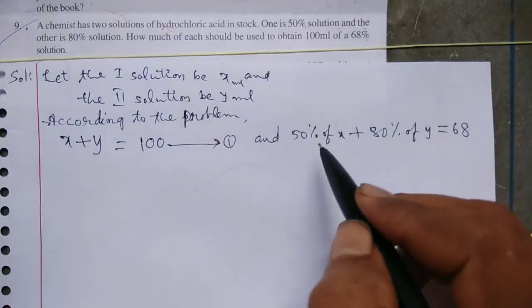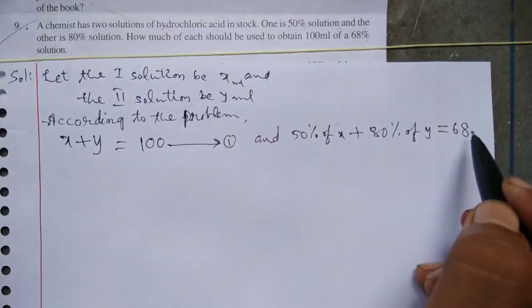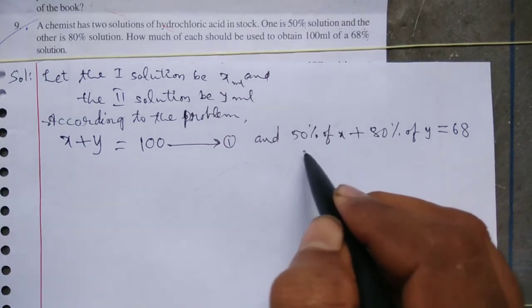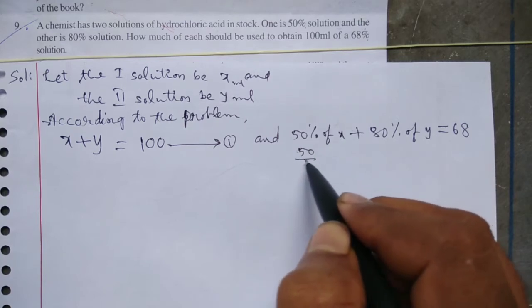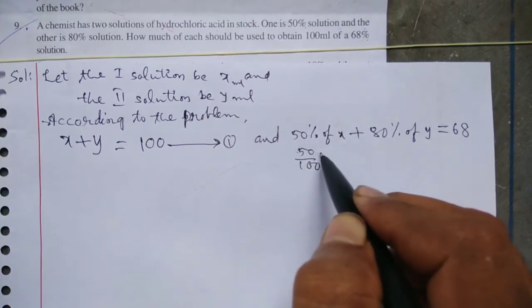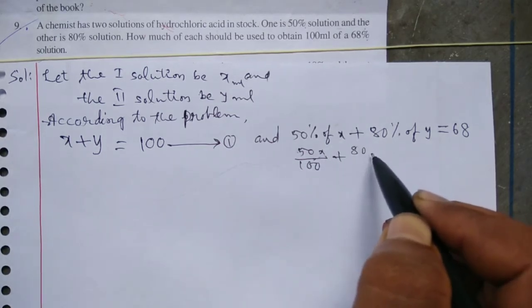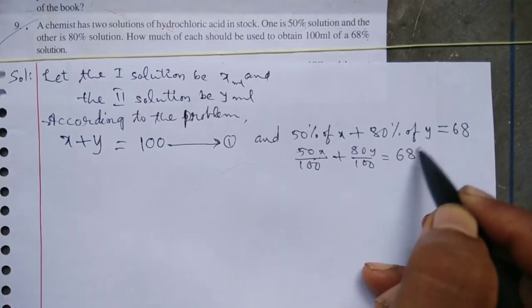So that's why 50% of x plus 80% of y is equal to 68. 50% means 50 by 100 times x, so 50x plus 80y by 100 is equal to 68.